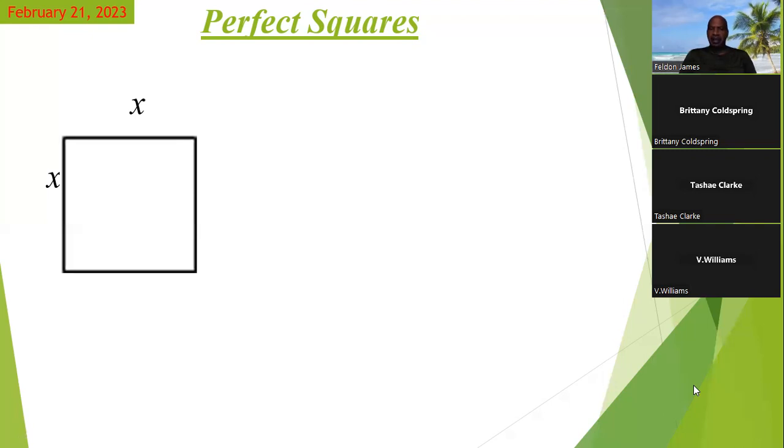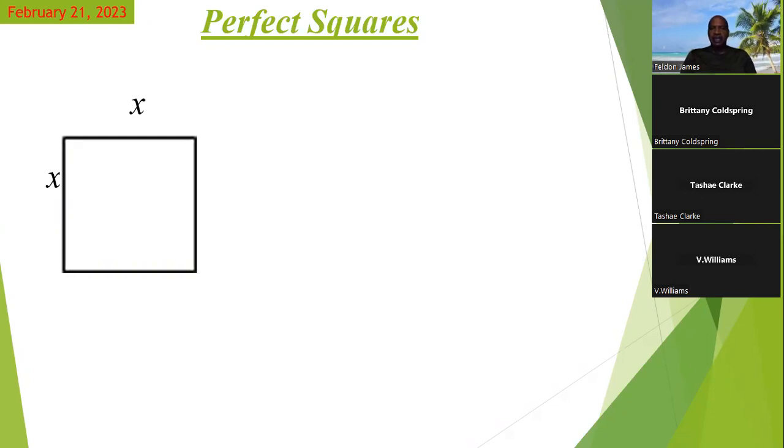Right. The formula is pretty much the same as the formula for the area of a rectangle, which we generally say is length times width. Now, it's a little bit awkward to use length times width for a square, because the length and the width have the same measurement.